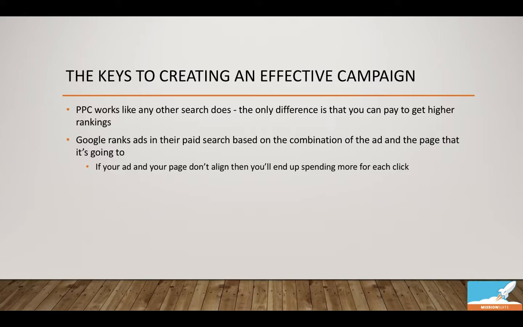If they rank you at 7, or if 7 is their average, that means you're spending the average of what everyone else would be spending. If you rank lower than 7, you're paying a percentage more. If you rank higher than 7, you're spending less per click, right?